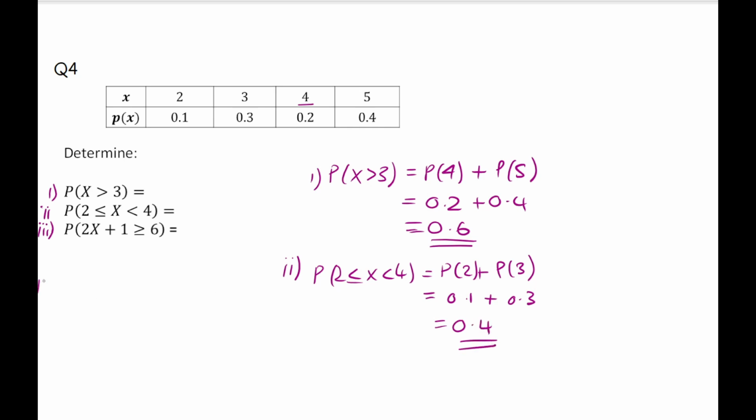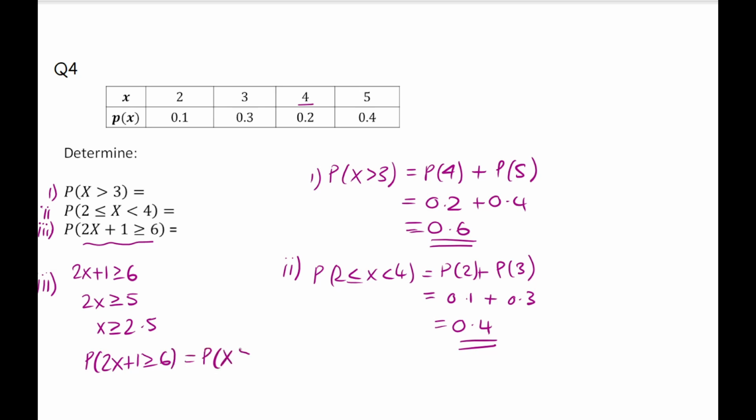And then finally, for part 3, I need to solve this inequality. So I've got 2x plus 1 is greater or equal to 6. So 2x is greater or equal to 5. So x is greater or equal to 2.5. So what the question's asking me to do is to find that the probability where 2x plus 1 is greater or equal to 6 is equal to the probability where x is greater or equal to 2.5.